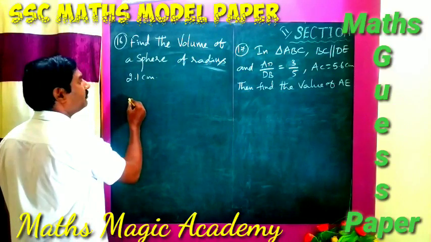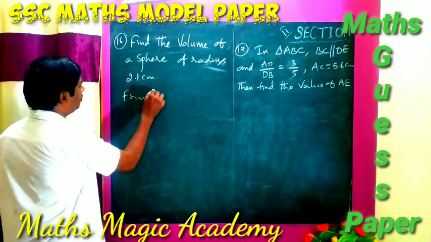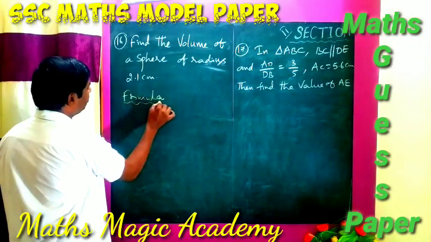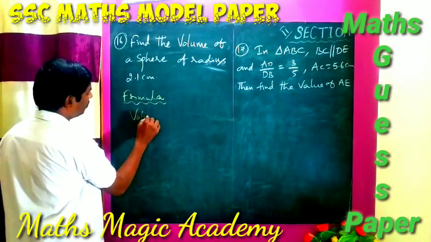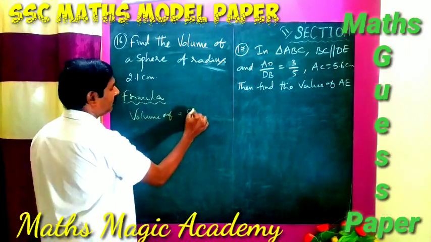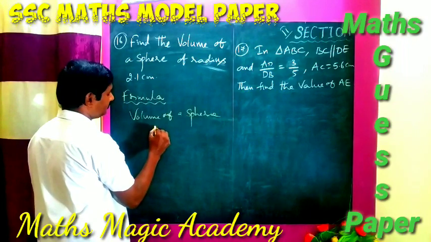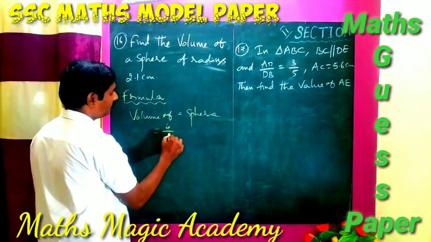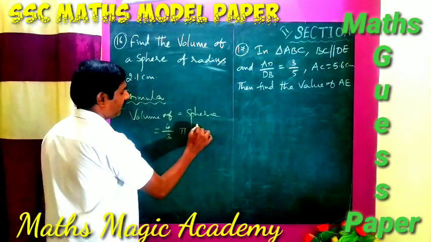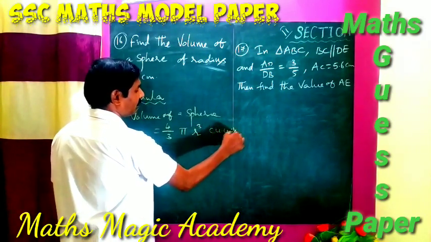First of all, what is the volume of a sphere? Formula. So here I am writing the formula. Volume of a sphere is 4 by 3 pi r cube cubic units.